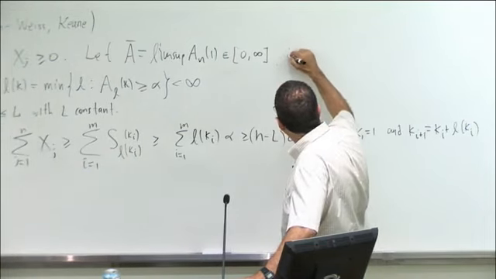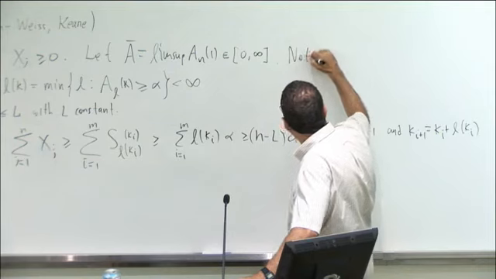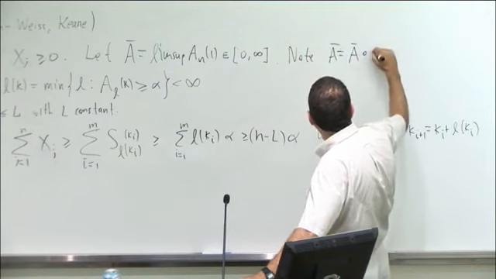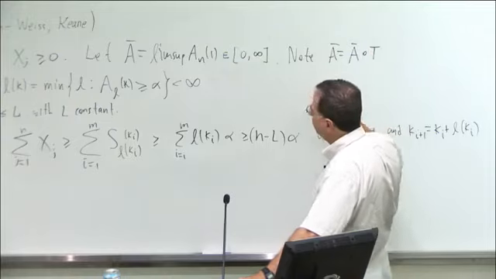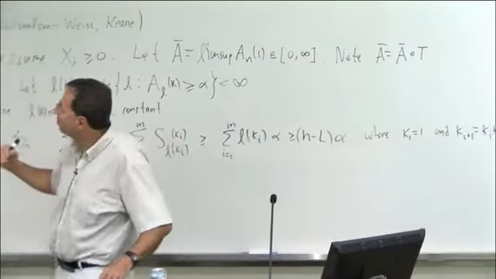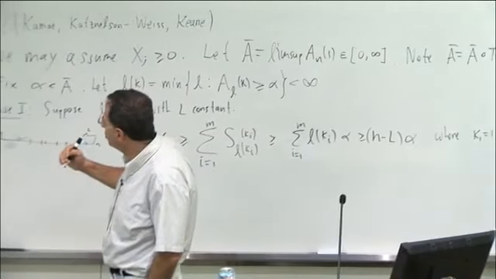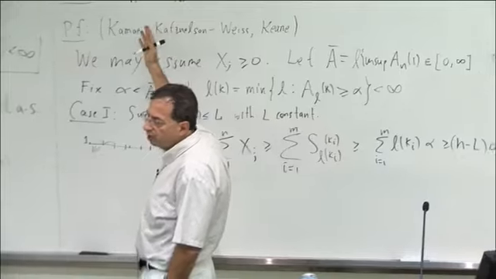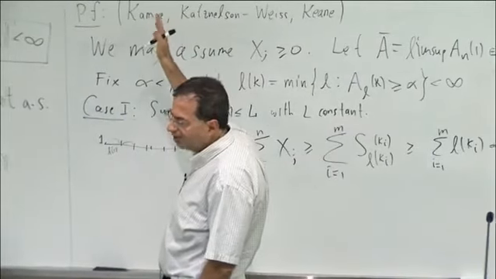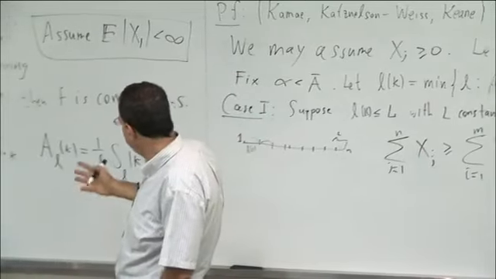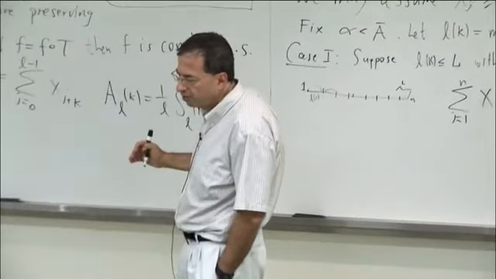So note that A bar equals A bar composed with T. In other words, this is related to Anoop's comment. If we start the partial sums from 1 or from 2, not only does it have the same distribution, but pointwise, the partial sums only differ by the first variable.